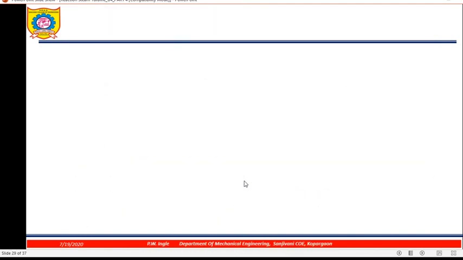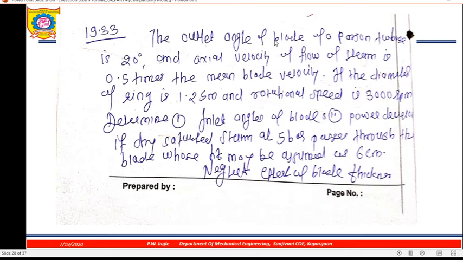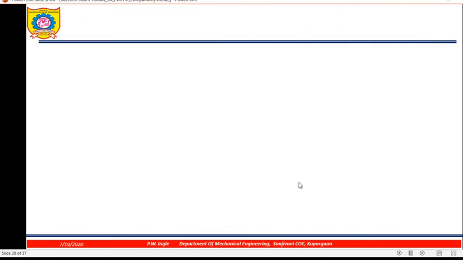Okay, so next. The outlet angle of blade of Parsons turbine is 20 degrees. The axial velocity of flow of steam is 0.5 times the mean blade velocity. If the diameter of ring is 1.25 meter and rotational speed is 3000 rpm, calculate inlet angle of blade, and power developed if dry saturated steam at 5 bar passes through the blade whose height may be assumed as 6 centimeter.